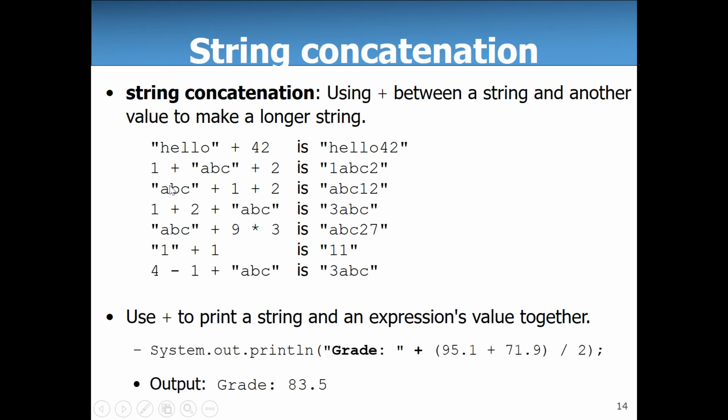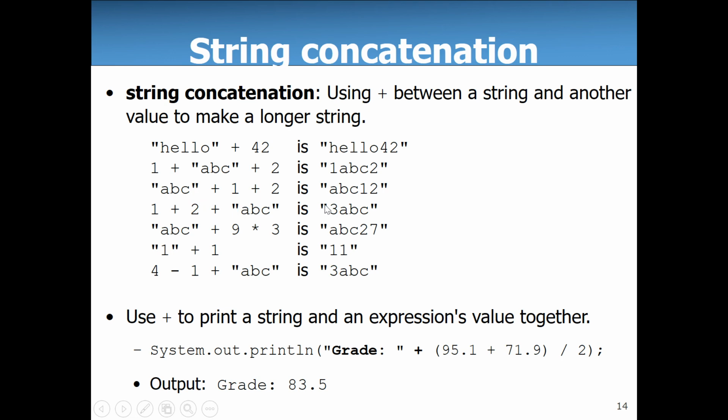On the other hand, "ABC" plus 1, remember, addition is pretty low on the precedence, so it just goes left to right. "ABC" plus 1 turns into ABC1, and ABC1 plus 2 turns into ABC12. On the other hand, 1 plus 2 is 3, plus "ABC" becomes 3ABC.